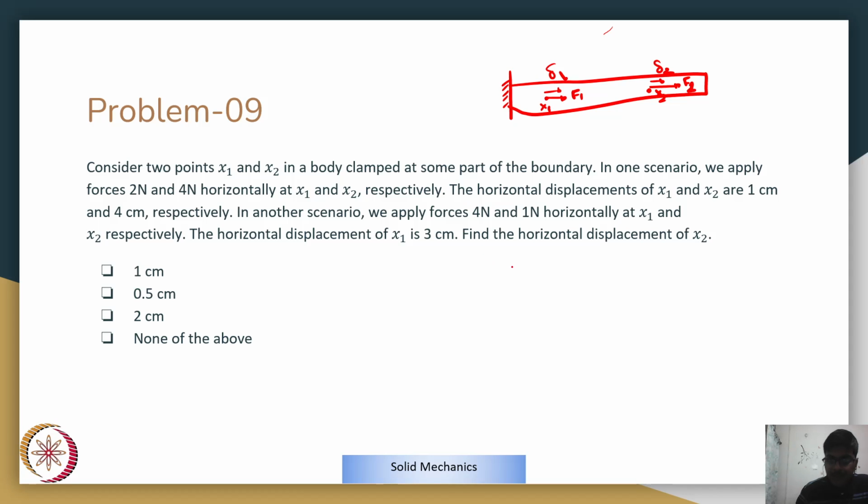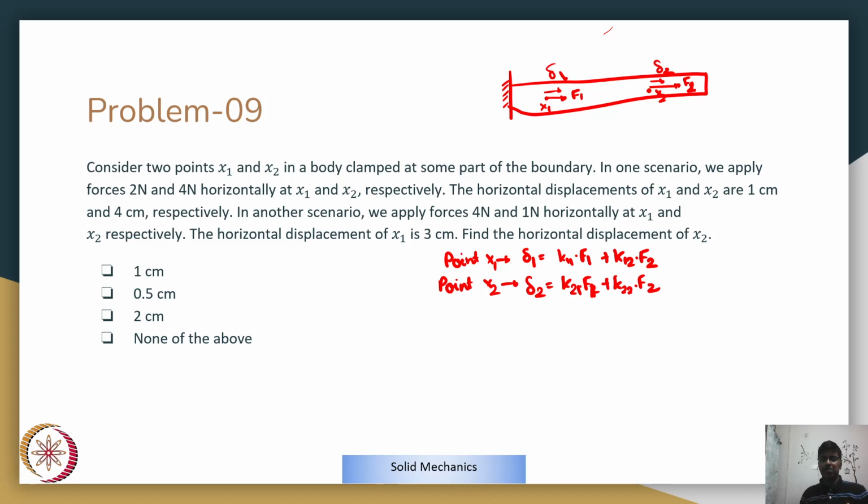So in this case your delta 1 would be k11 f1 plus k12 f2, right? This is the displacement of point x1. Similarly for point x2 you would have delta 2 equal to k21 f1 plus k22 f2.